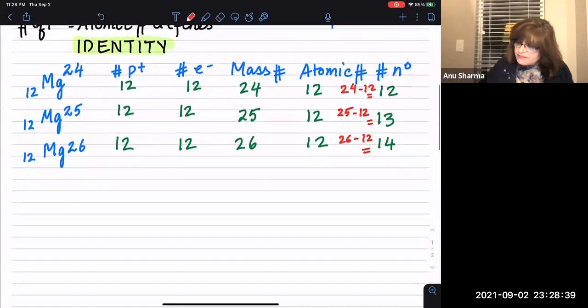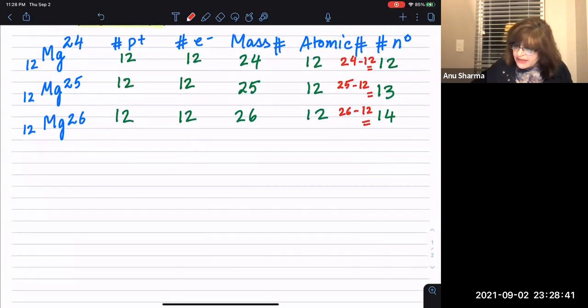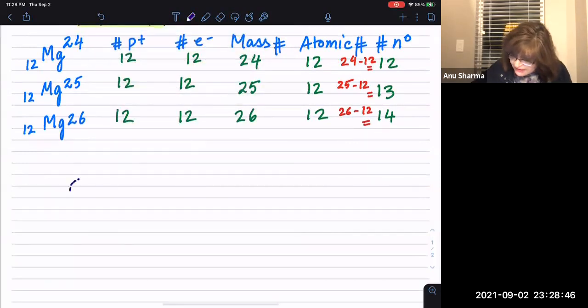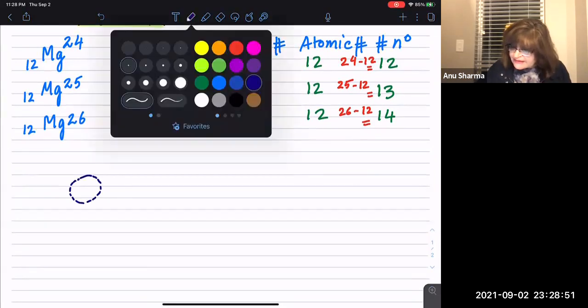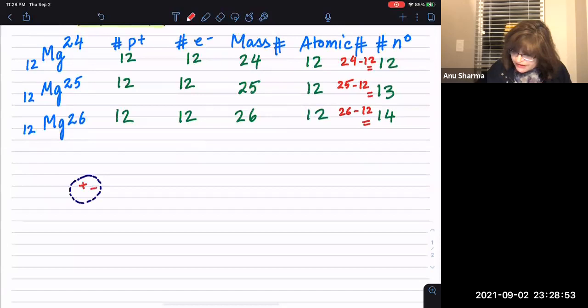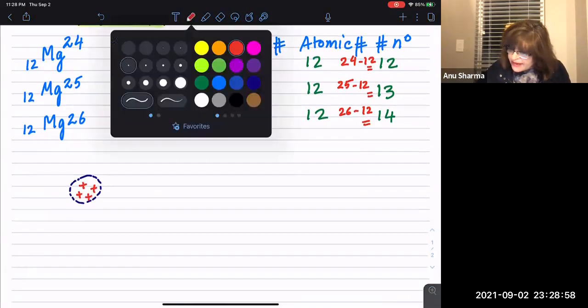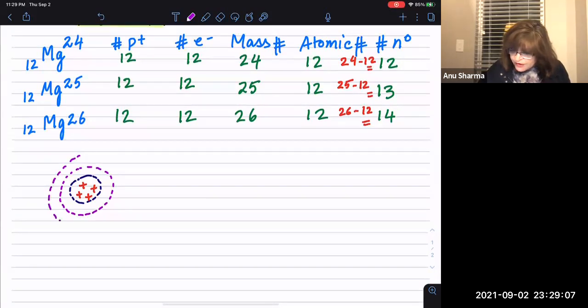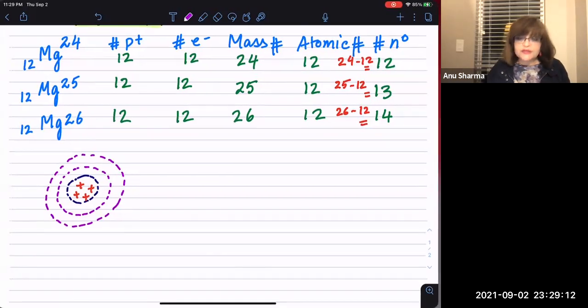The main weight of the atom is due to the nucleus. Here is the nucleus in the middle, and this nucleus contains the protons, due to which there is a positive charge. Neutrons are neutral, no charge, and outside the nucleus are these energy levels, and this is where the electrons are found. For a neutral atom, the number of protons and the number of electrons have to be the same.